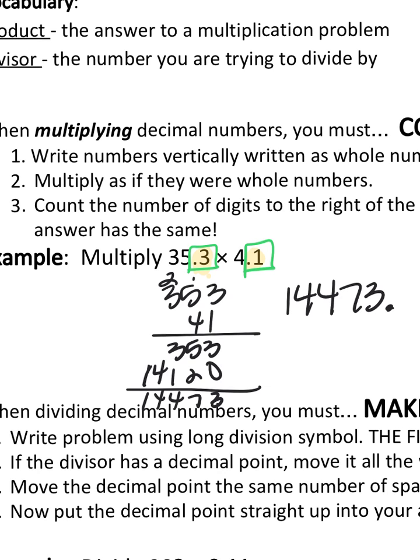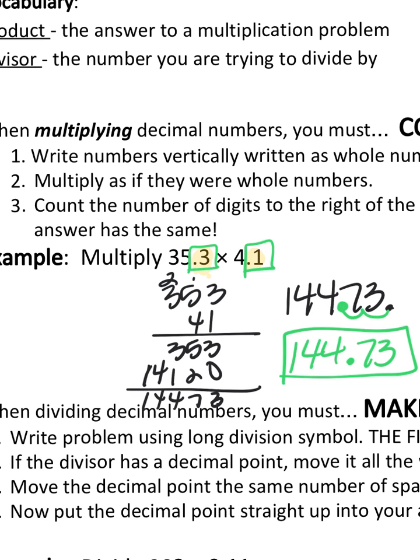Every decimal space to the right shows a number that is 10 times smaller. So that means we have to drag that decimal space back in 2. Okay? So my answer will be 144.73. Easy. Okay? So don't deal with the decimals until the end.